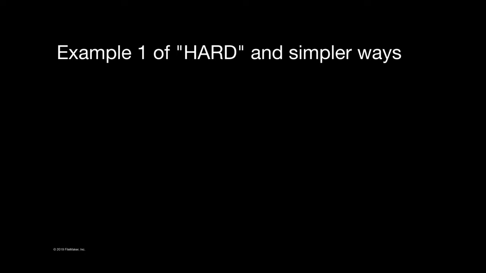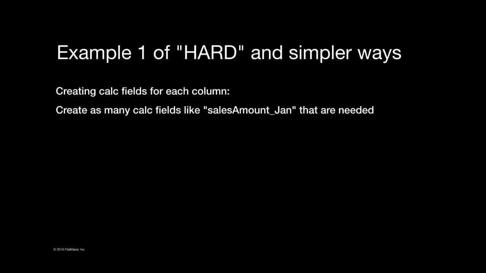So let's talk about how we can make it. The first one is very easy. It's creating calculation fields for each column. Assume the records we are about to summarize have an amount field, of course, and maybe also a date field.